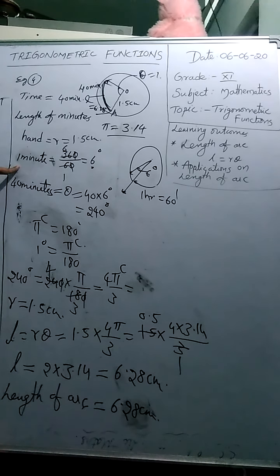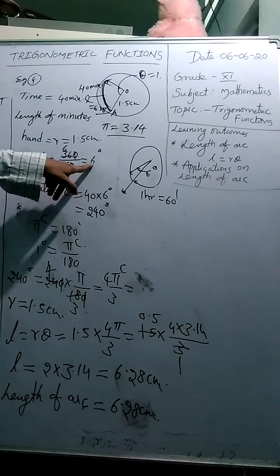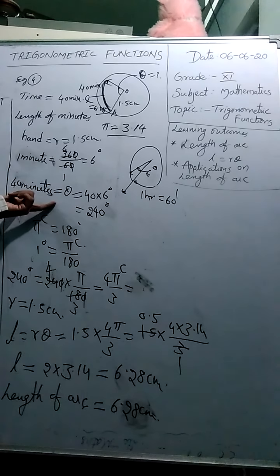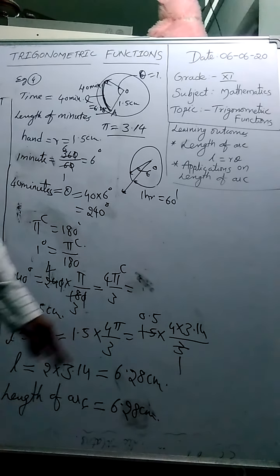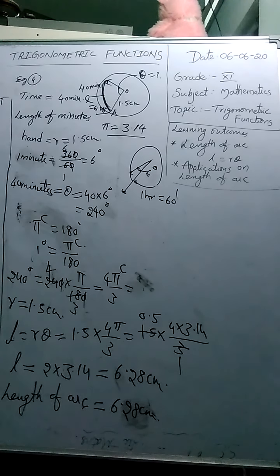We find in 1 minute what is the angle made by the minute hand, that is 6 degrees. 40 minutes will be 240 degrees. Convert into radians using the relationship and substitute in the formula L equals R theta. So finally we got the length of arc, nothing but the distance traveled by the minute hand in 40 minutes.